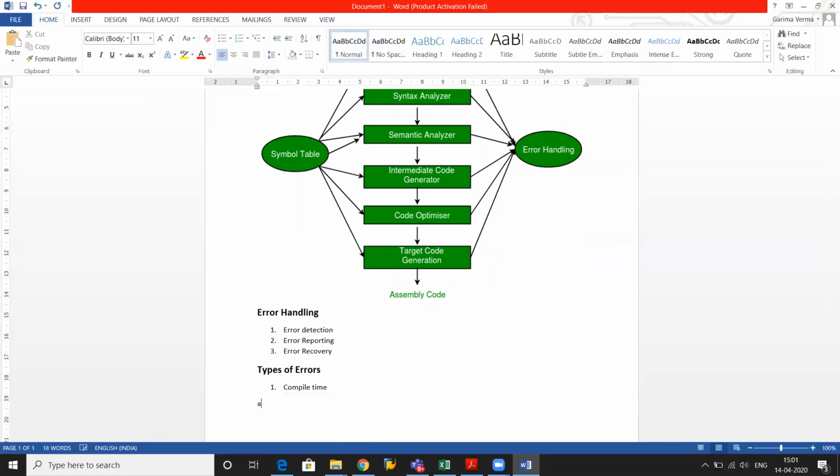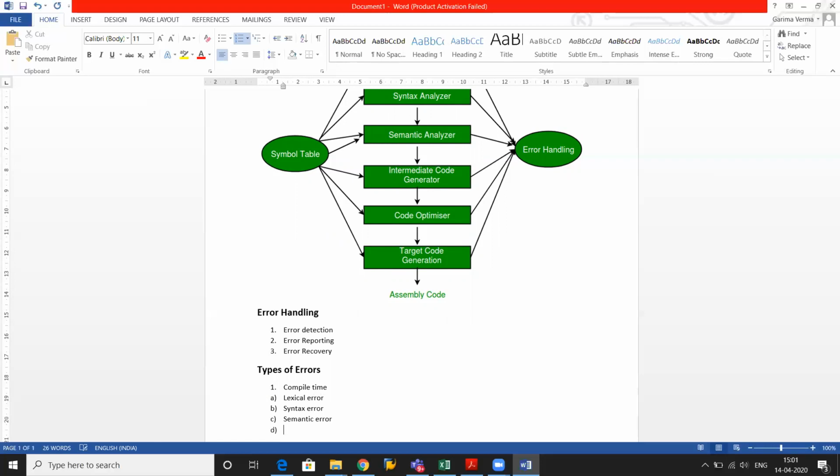And there are majorly three types of compile time errors. The first type of error is called a lexical error. The second type is called a syntax error. And the third type is called a semantic error.